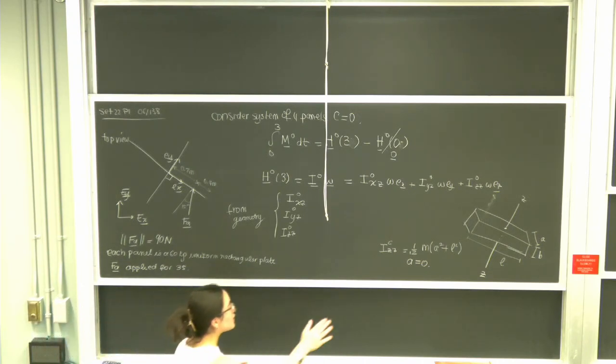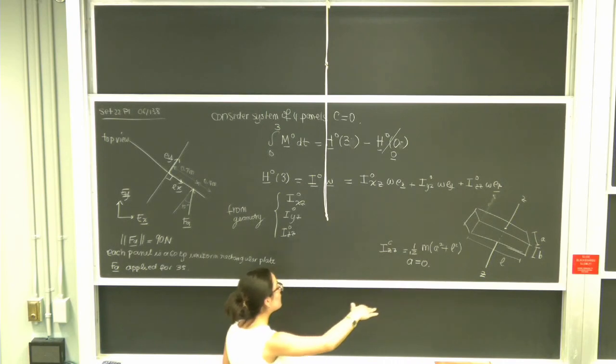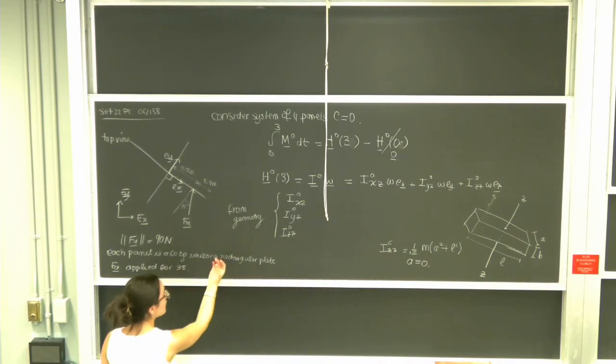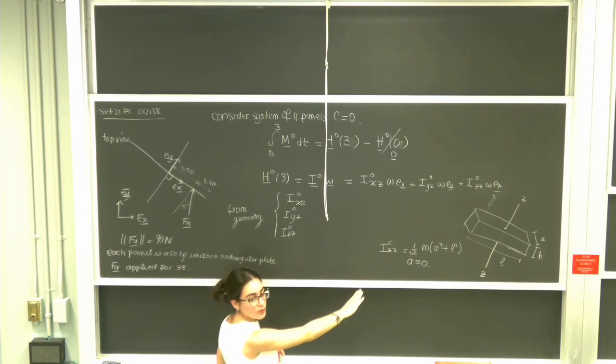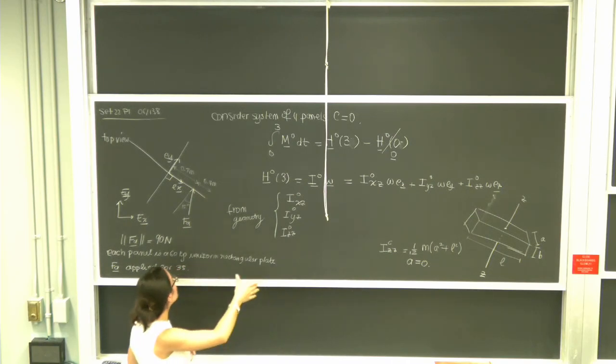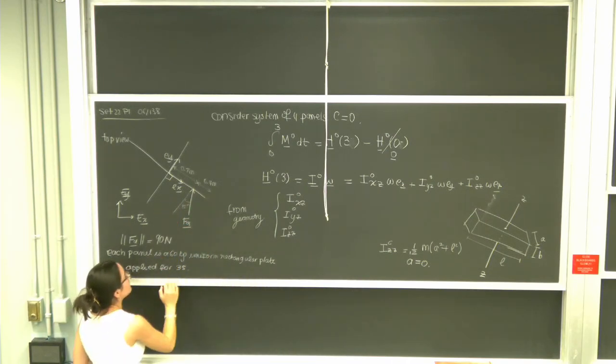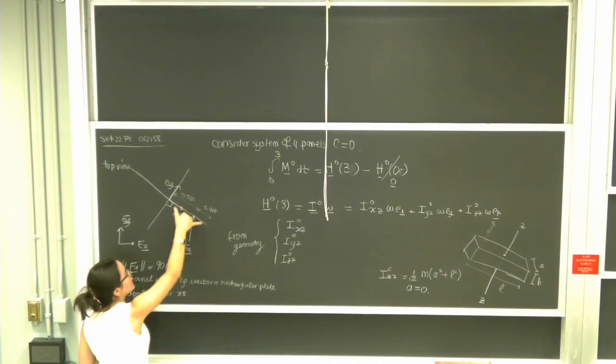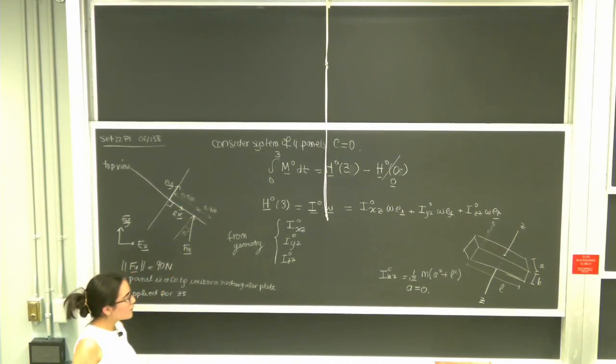So if this is our shape, if we take A to be 0, then we'll get a plate. Here B is going to be the length of the door, but it's not entering into our calculation, so we do not need to know that. And L is the 1.2 meters. That is this length. Okay?